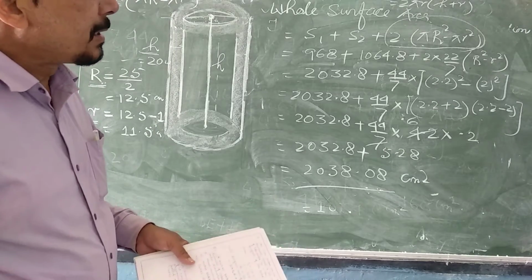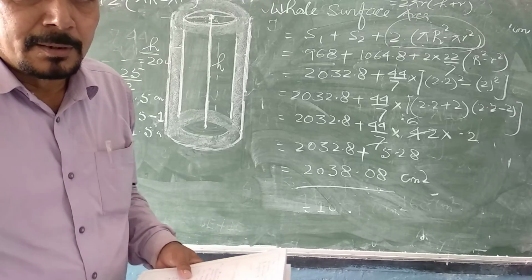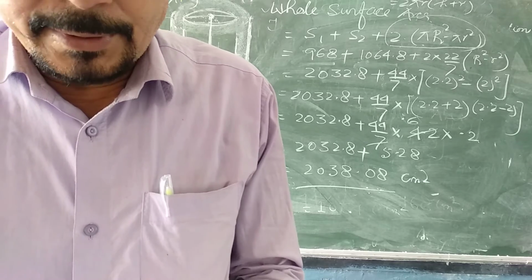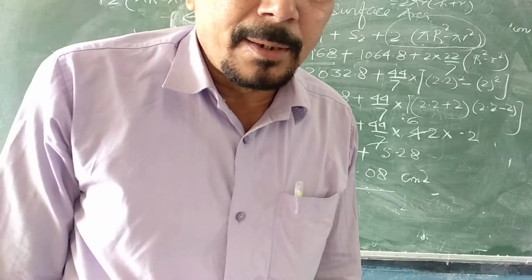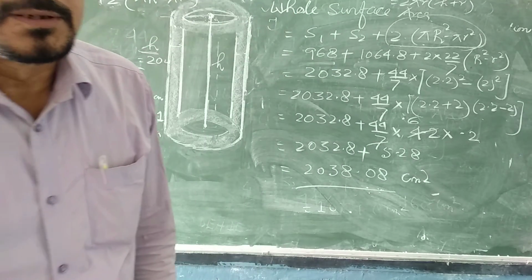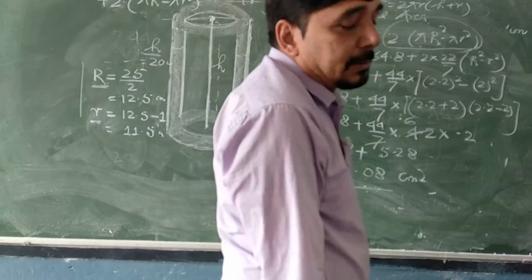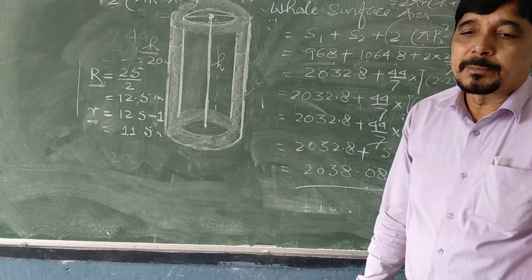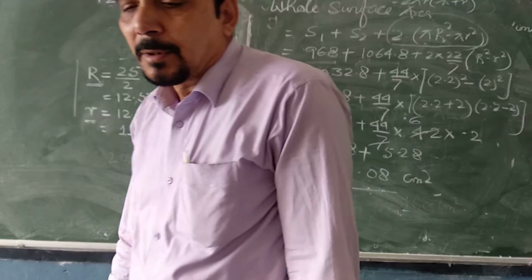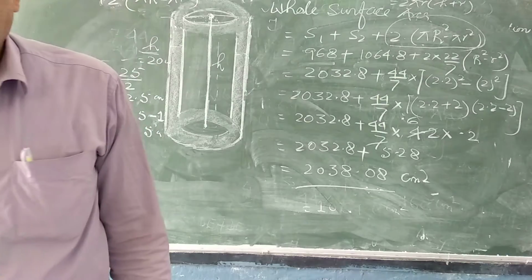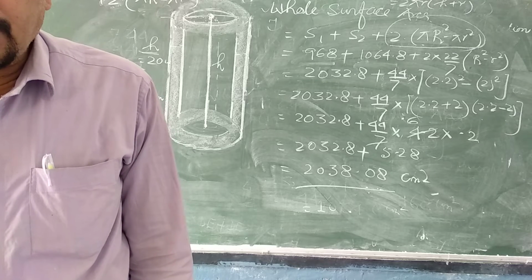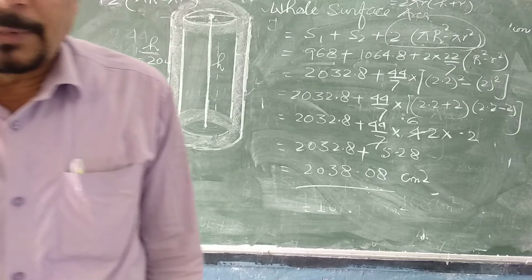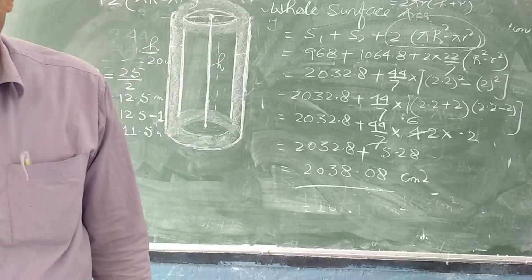Okay, after putting these values in that relation, we will get the final answer. Now the second question I am giving, which is of the same type. Now write down the second question. A metal pipe is 77 centimeter long. The inner diameter of the cross section is 4 centimeter, the outer diameter being 4.4 centimeter.